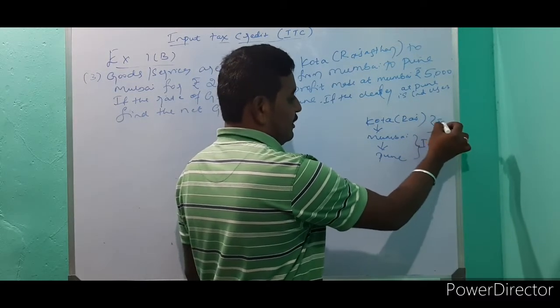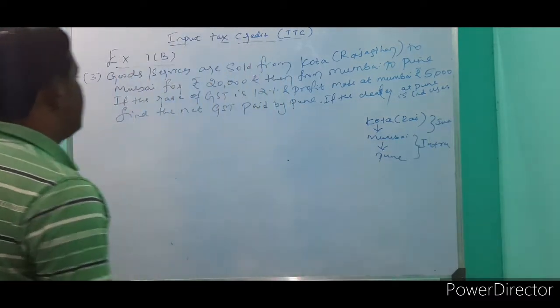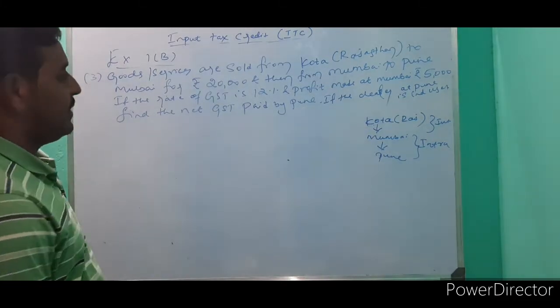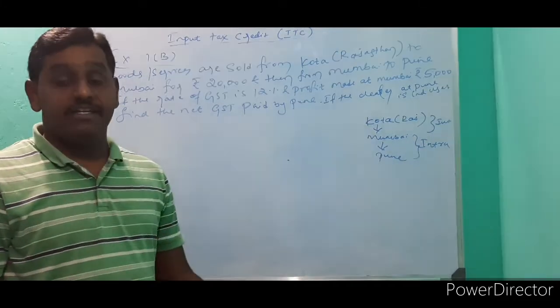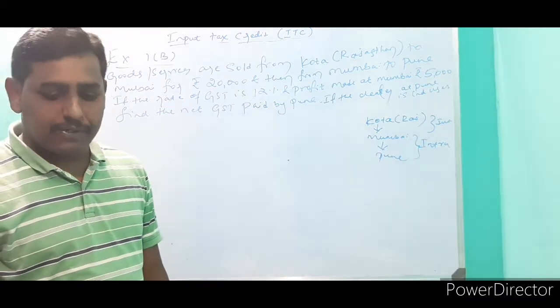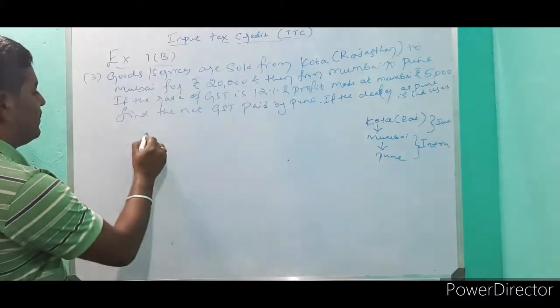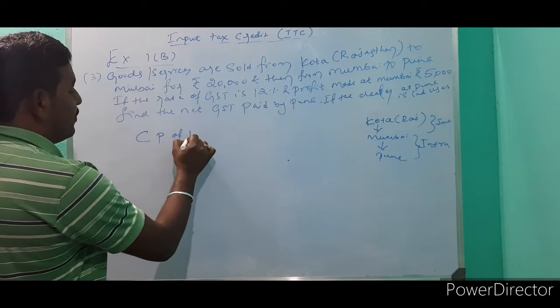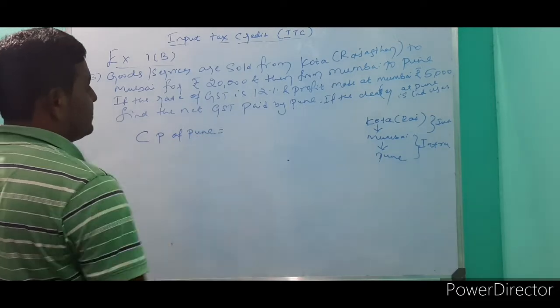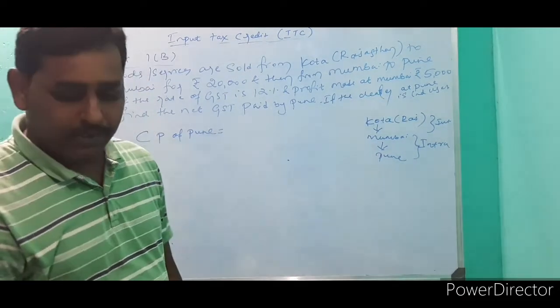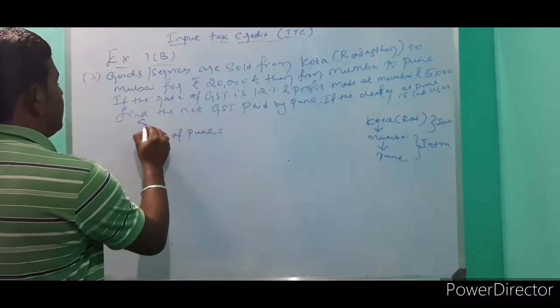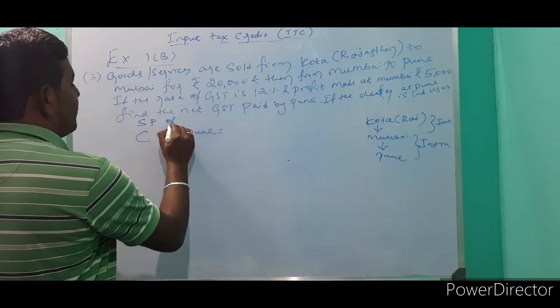This is inter. So we have to find here net GST paid at Pune. We have to find GST amount paid at Pune. So here cost price of Pune. First we have to find selling price of Mumbai.